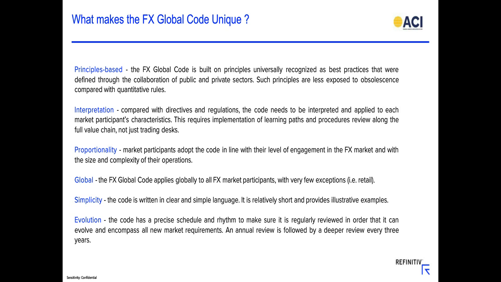Compared with directives and regulations, the code needs to be interpreted and applied to each market participant's characteristics and market. And then we have the proportionality concept, which was mentioned before. Market participants adopt the code in line with their level of engagement in the FX market and with the size and the complexity of their FX operations.